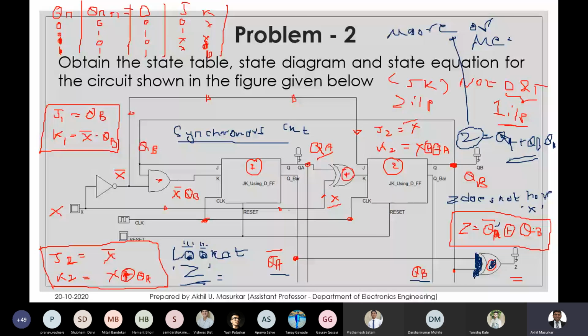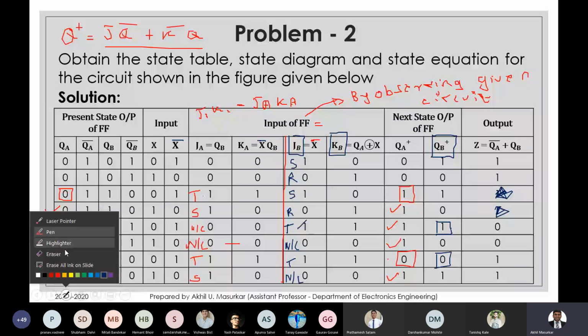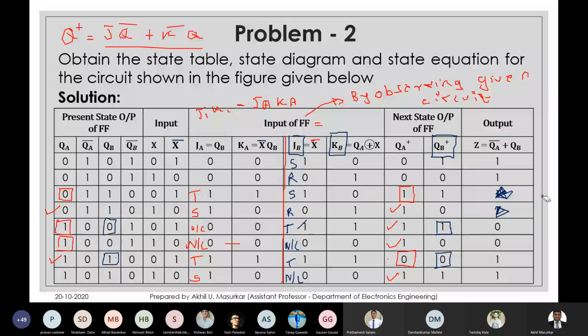So we can make this an OR. Thank you for noting that it is QA plus QB, and QA bar plus. Since we have made a small change in the output itself, this still stands true.